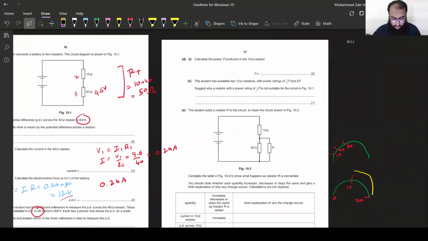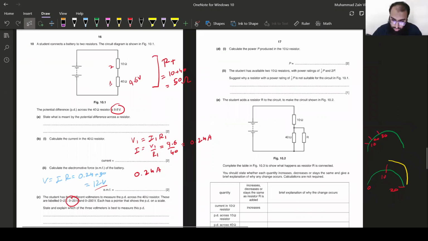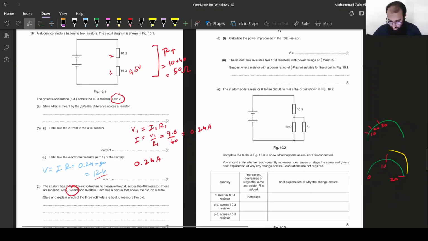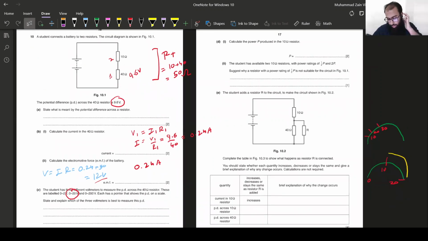Calculate the power produced in the 10 ohm resistor. I know the total current in the circuit, which is equal to 0.24 amperes, and I also know the resistance of that resistor, which is equal to 10 ohms.